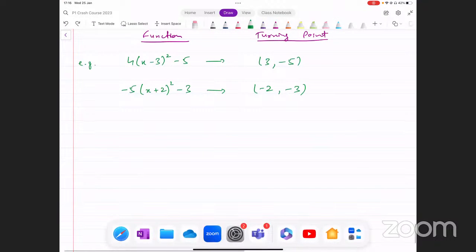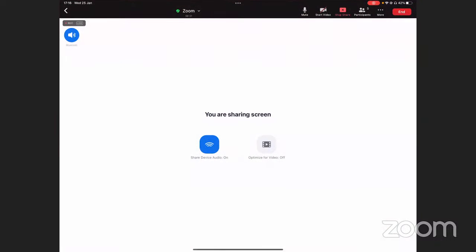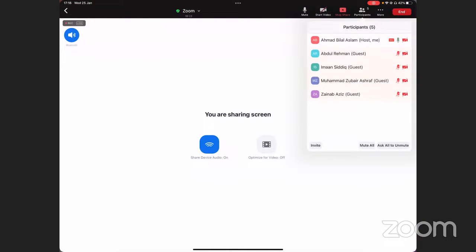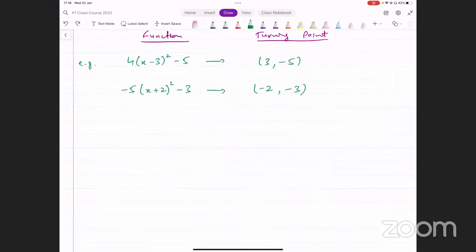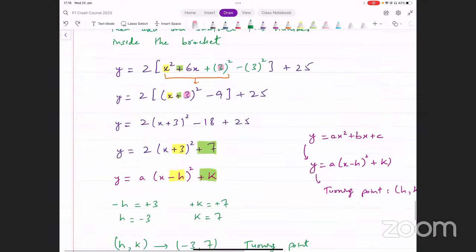Okay. This is one way of doing this. There's another method that we've got for completing the square. Let's discuss that. A lot of people find that much easier than this first method.